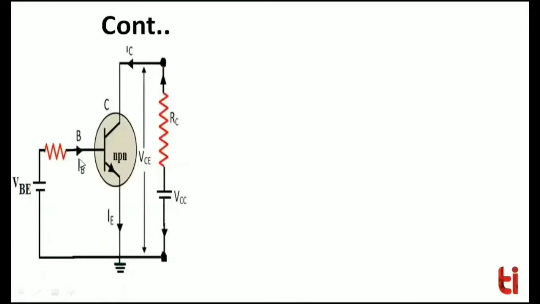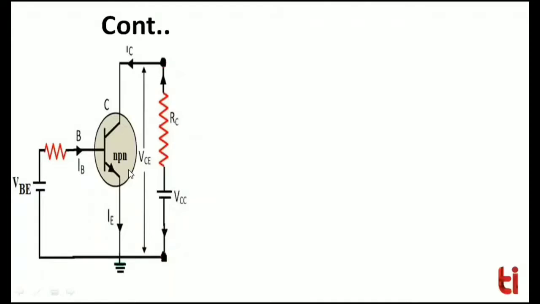The arrows of various currents indicate the direction of current flows under normal operating condition, which is also called active mode, where the emitter to base junction is forward biased while the collector to base junction is reverse biased. This is something we already know, that the bipolar transistor is used as an amplifier in active mode.